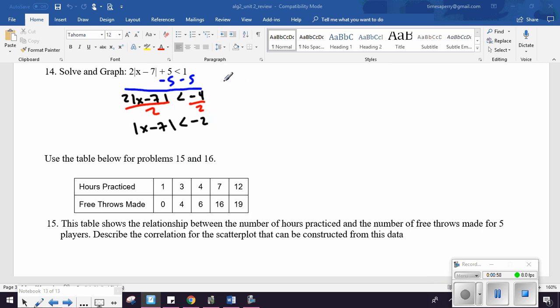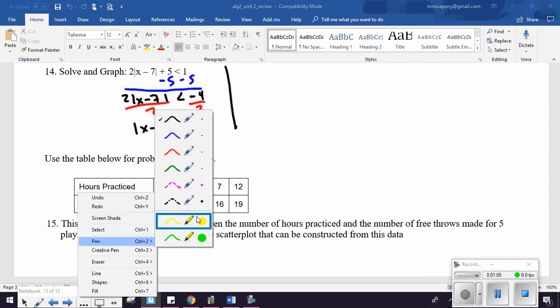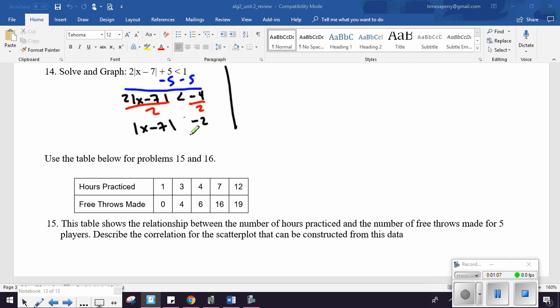Now we write our two cases. Or I'm sorry, this is a less than scenario.